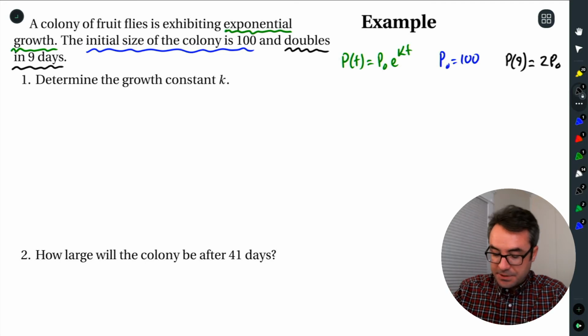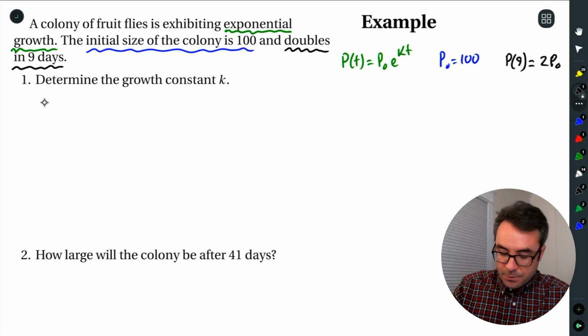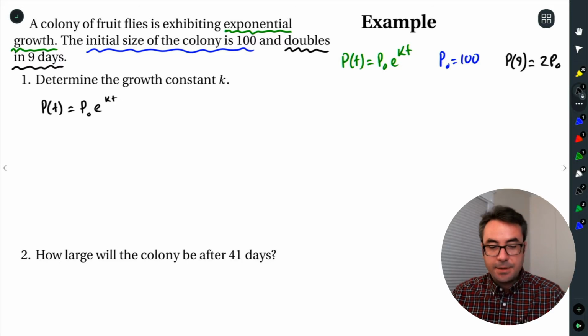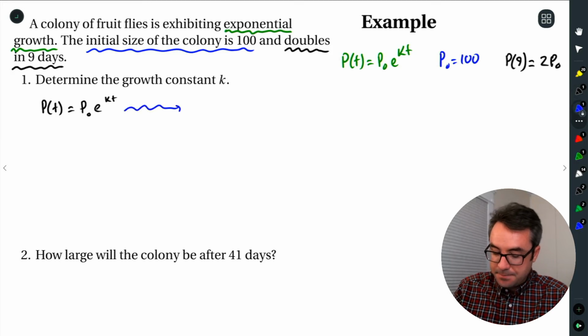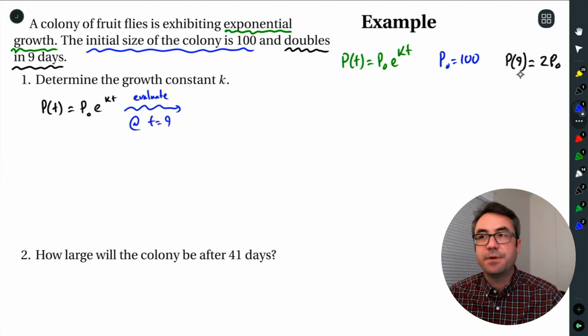All right, so let's start here. We'll start with our population function, and let's evaluate this at t equals 9, because that's some information we're given. We're given our initial population, but then we're also given the population after 9 days.